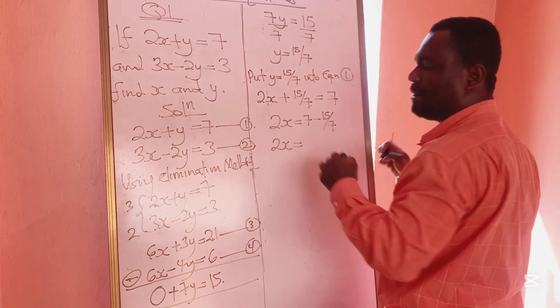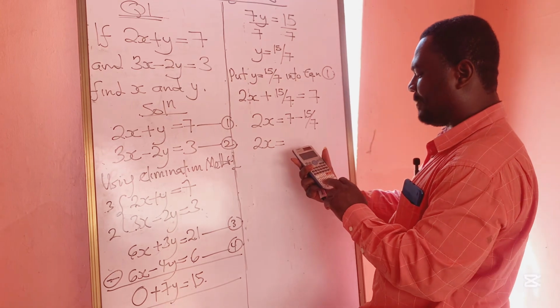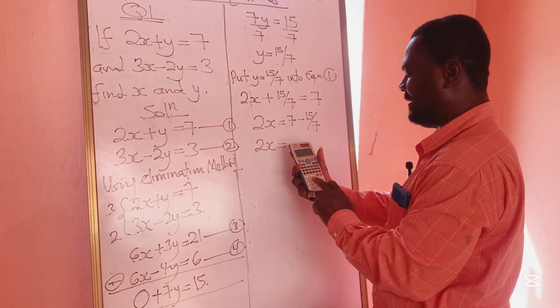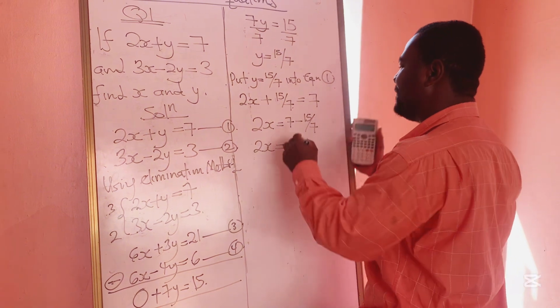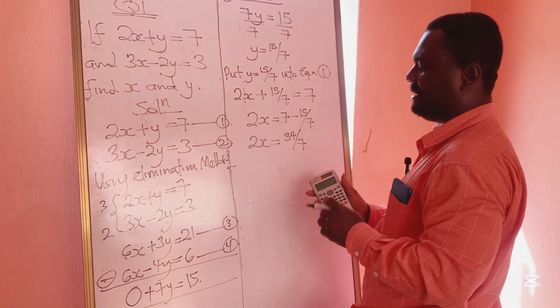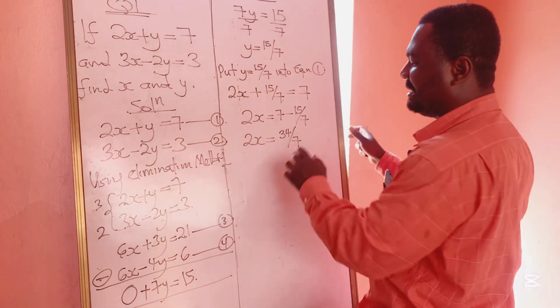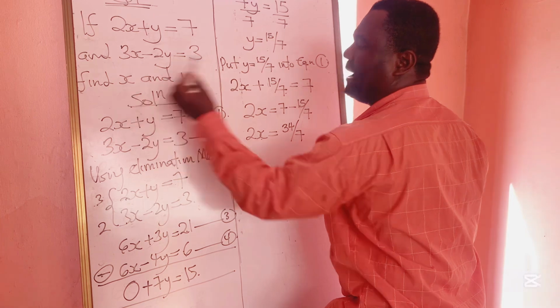With the help of your calculator, because in SHS 1 mathematics you are entitled to a calculator, 7 minus 15 on 7, you get 34 on 7. Then you have to solve for x.